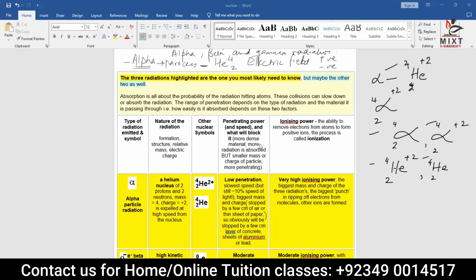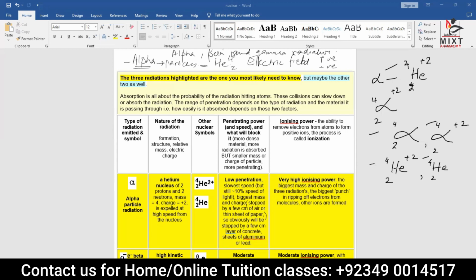Being the largest particles, they can be easily stopped by paper and of course by air as well. You put a paper sheet right in front of alpha particles and they will be stopped. The paper sheet will absorb those alpha particles. Right? Any issues? No, sir.